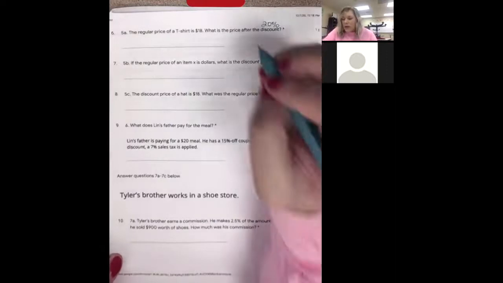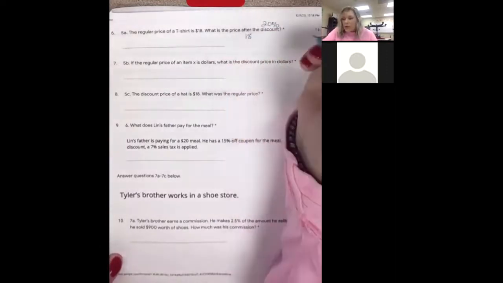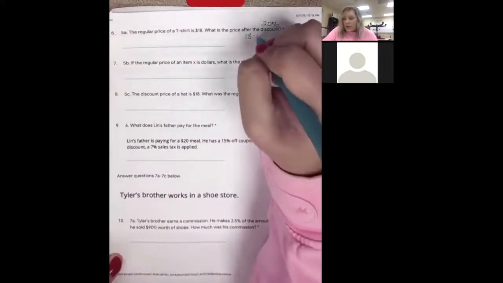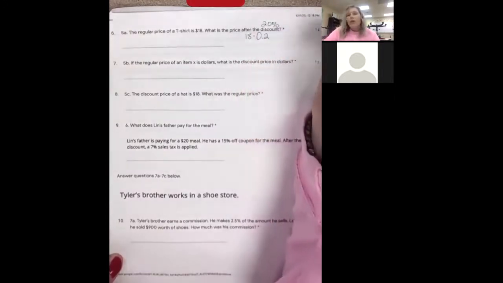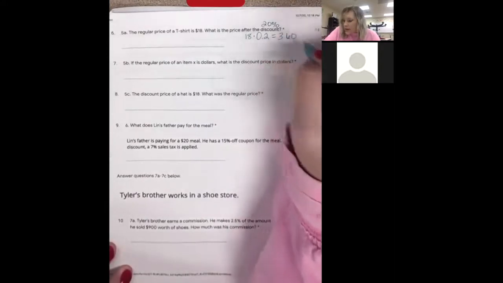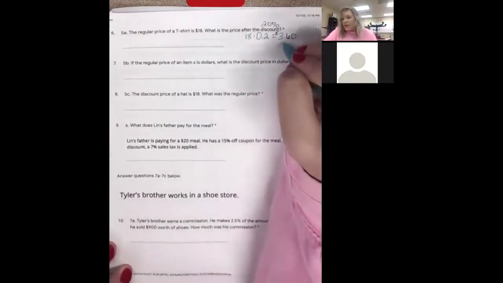So we know our price is $18, and we have to figure out what 20% of that is. So 20% as a decimal is 0.2. Therefore, 18 times 0.2 is $3.60. So this is the amount of discount.